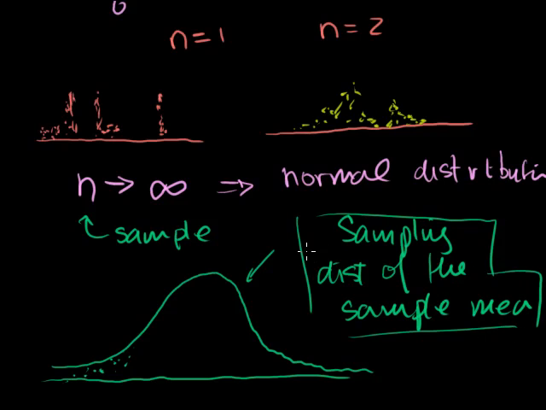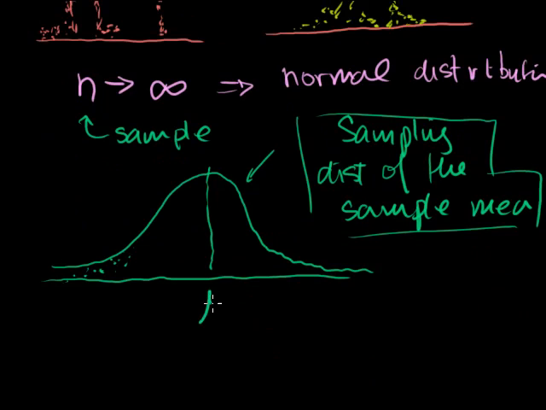It's a real distribution with a real mean. So the mean of the sampling distribution of the sample mean, we'll write it like that. Notice I didn't write it as just the x with the bar. This is actually saying this is a real population mean. This is a real random variable mean.